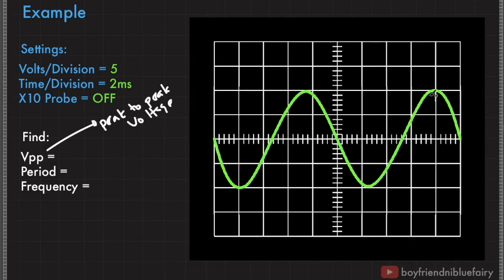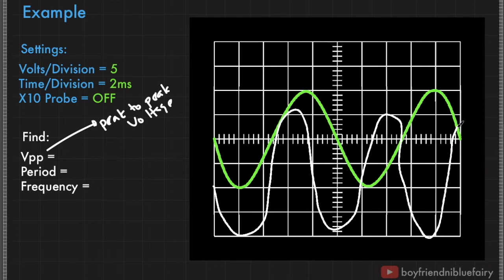However, when you encounter a waveform that for some unknown reason starts at this point and this point, if you want to calculate the peak voltage, you have to locate first the zero level of this waveform and then calculate the peak voltage.